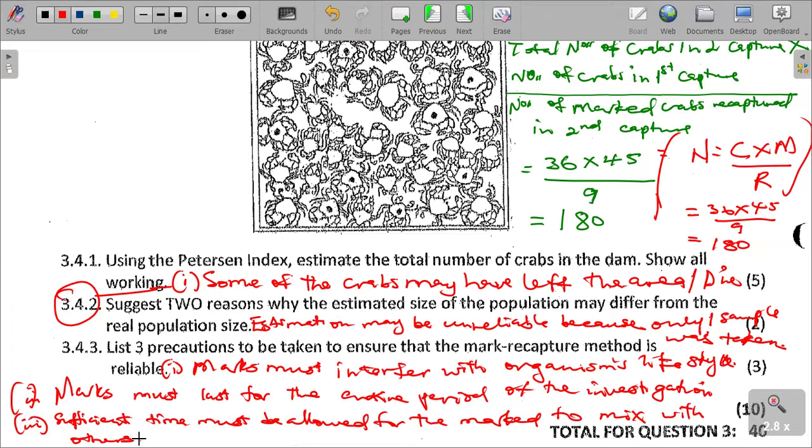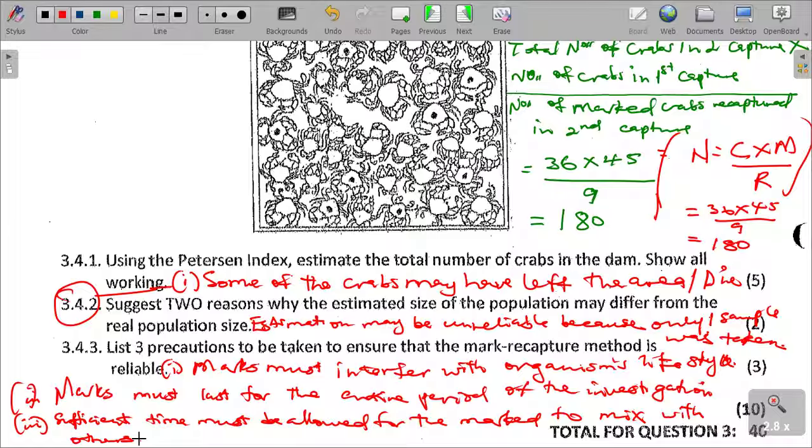Those are some of the things. It must also take into account factors such as that the chances of the animal being caught must not be affected by the method of capture. That is one other point.